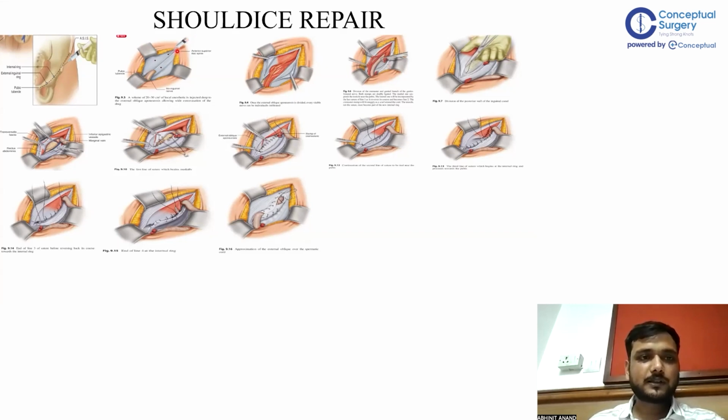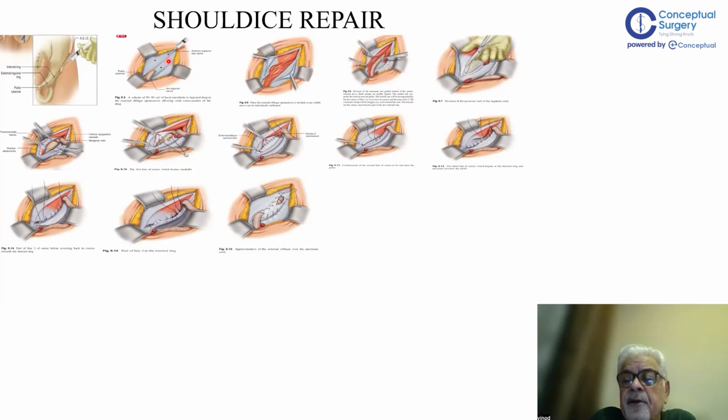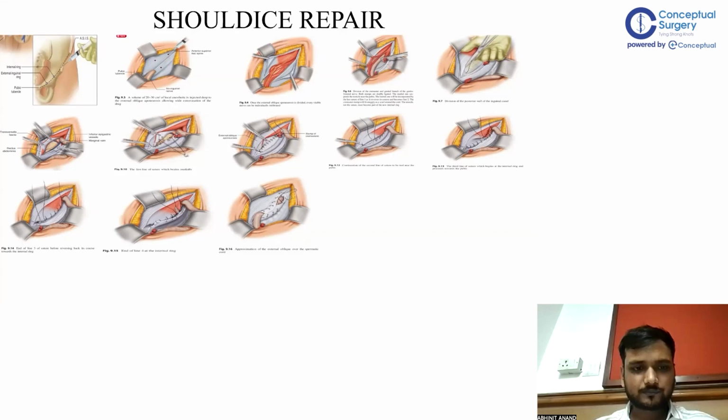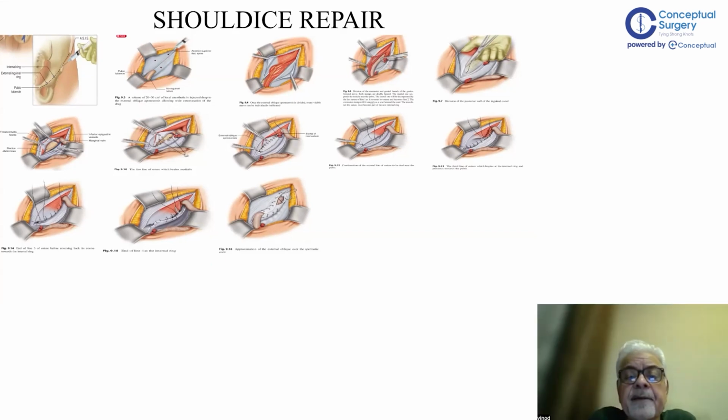We take an incision. I'll tell you, the Shouldice Hospital is a specialized hospital in Toronto, Canada for hernia repair, mostly inguinal hernia repair. They have the largest series, and they do all their work under local anesthesia.